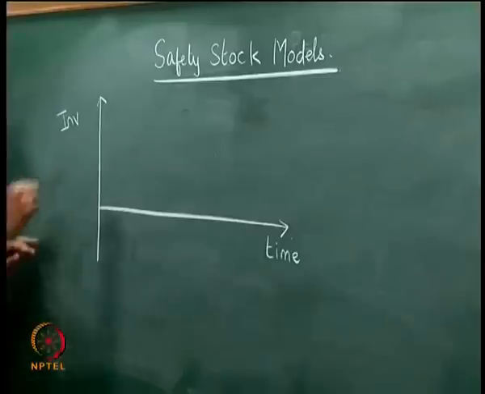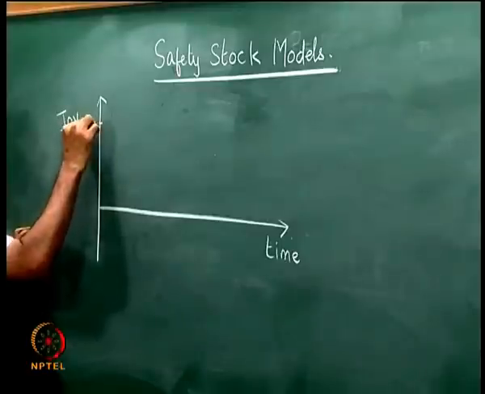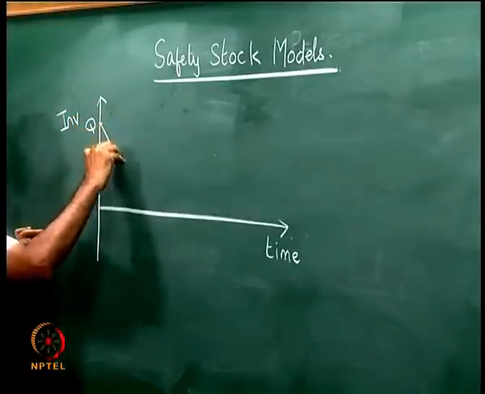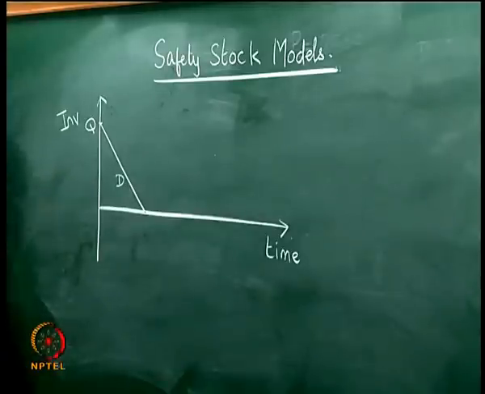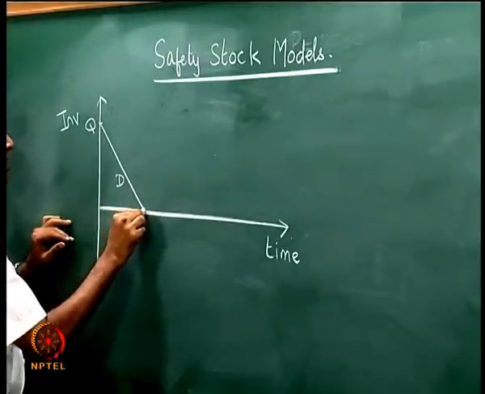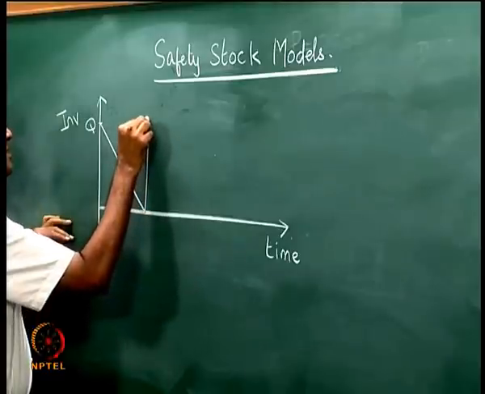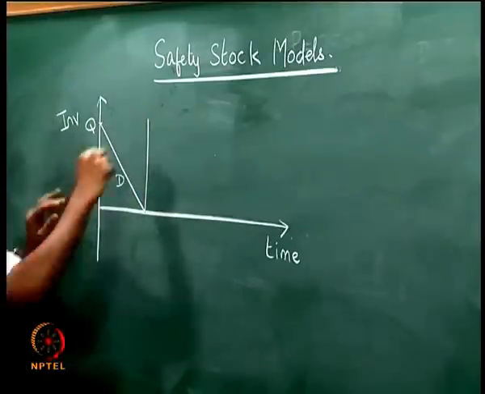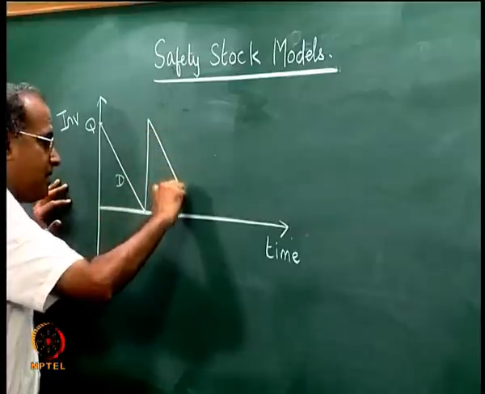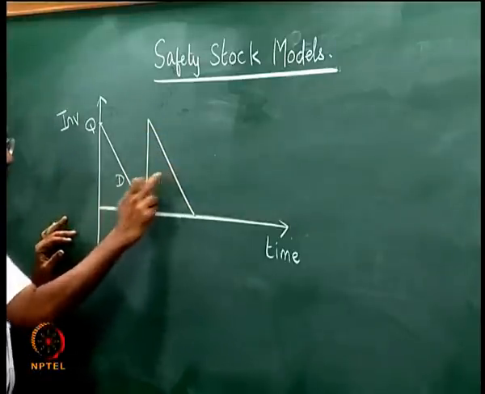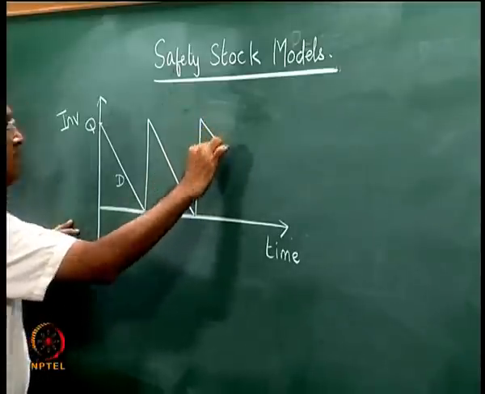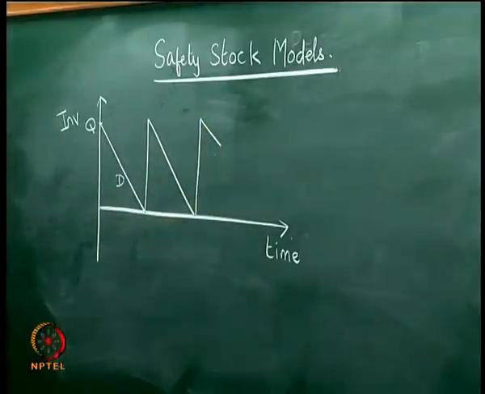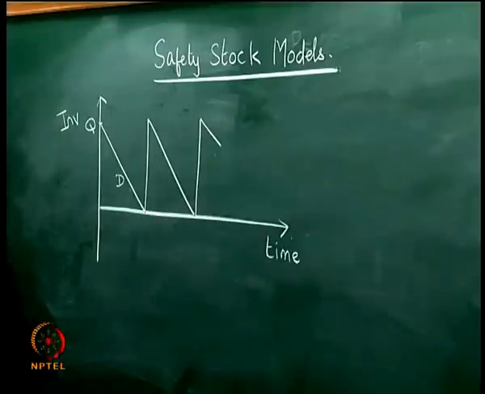We begin with stock equal to q, and then we consume this q at the rate of d till it comes to 0, and then we place an order here. The stock comes back up to q, and once again we consume it at the rate of d. You can take these two to be parallel, and then it reaches 0, an order is placed, and this goes on. This is called the Sawtooth model of inventory.